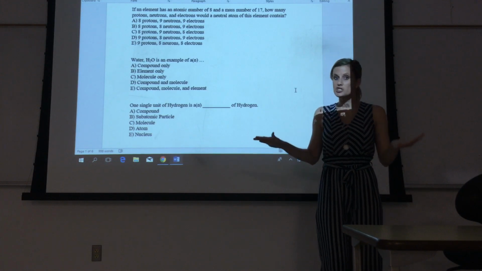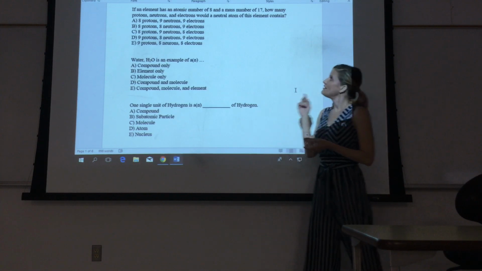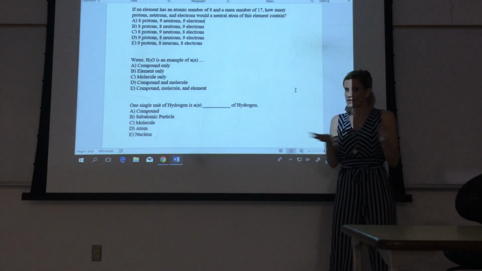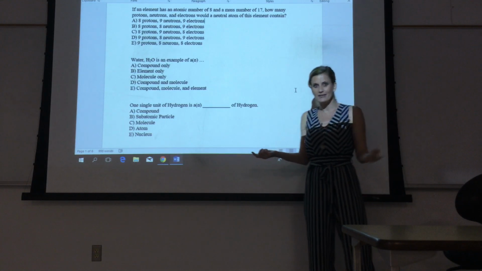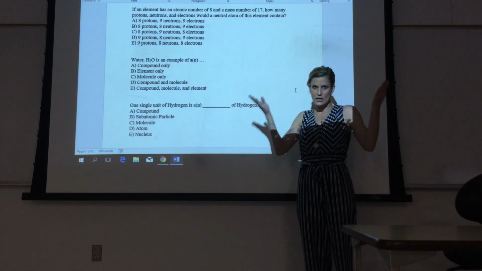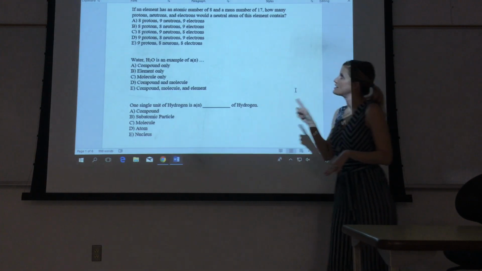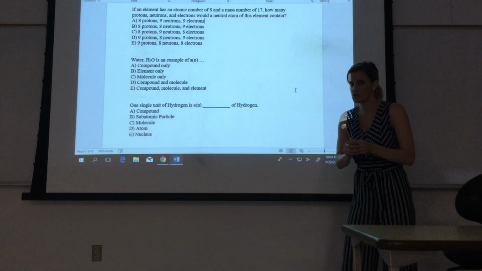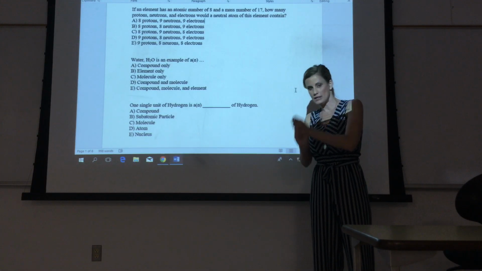That never changes. And if the atom is neutral, with no overall charge, then the number of protons and electrons are the same, because protons are positive and electrons are negative, so they have to have the same of each to cancel each other out. So that atomic number of 8 tells you that you have 8 protons and 8 electrons.